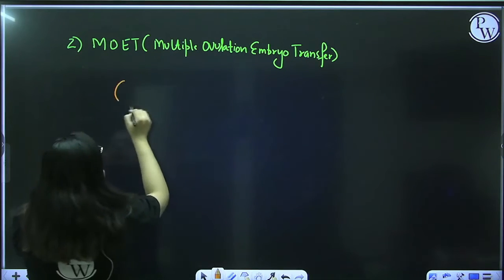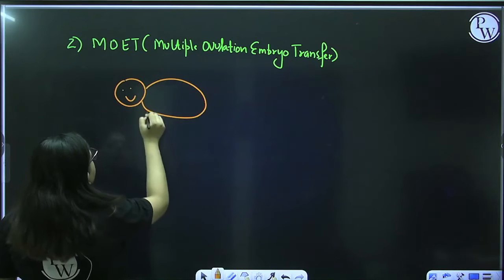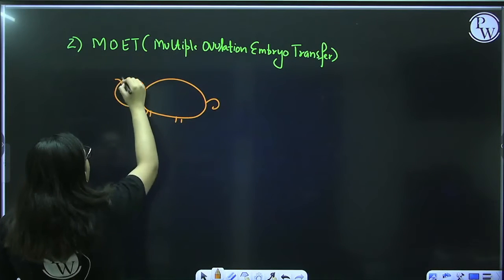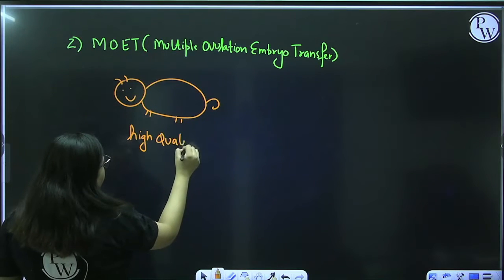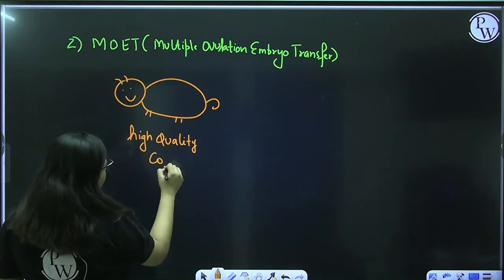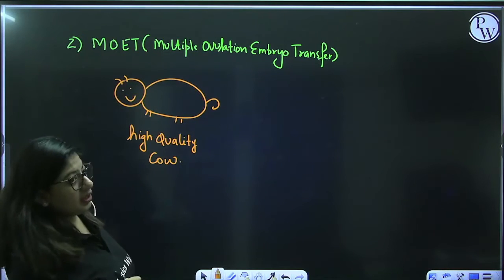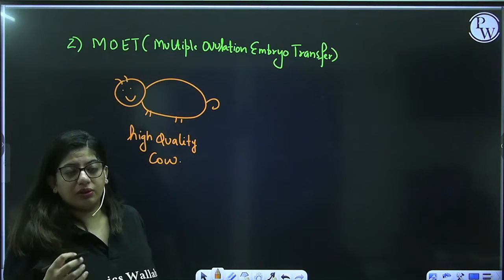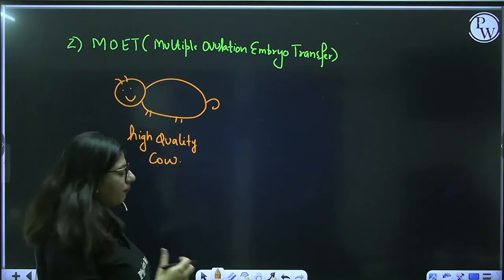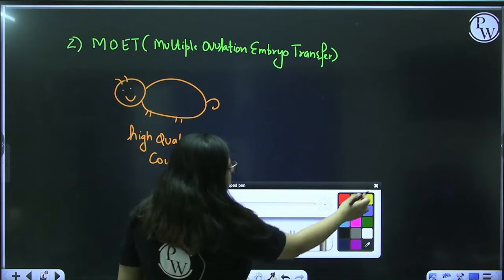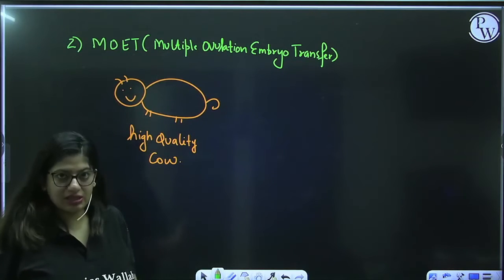Imagine this is a high quality cow. What should be the properties of a high quality cow? The first property is high lactation power. The milk she produces should be plentiful and nutritious. Another property is that the cow should be disease resistant.